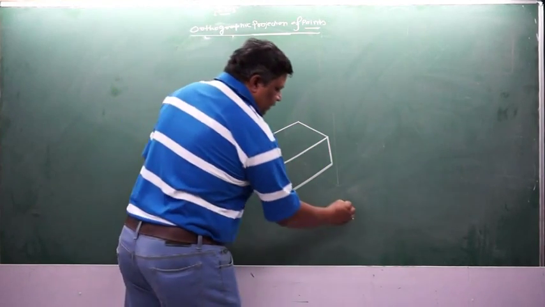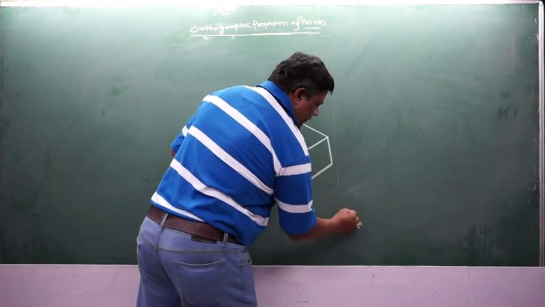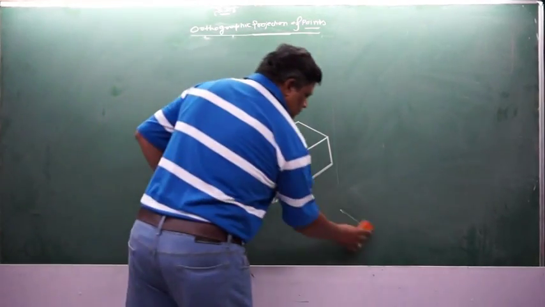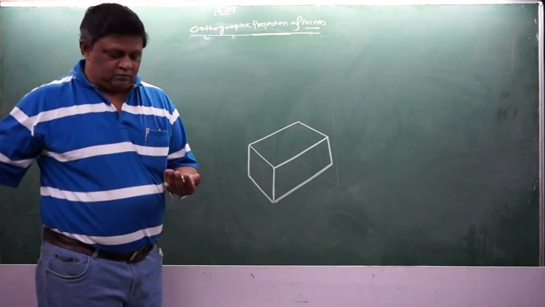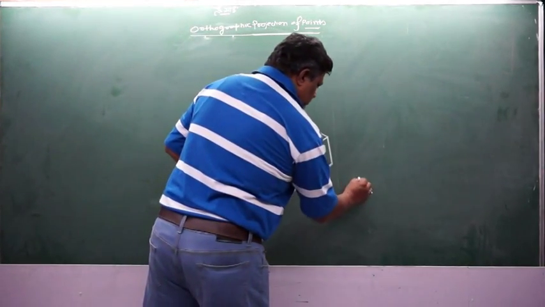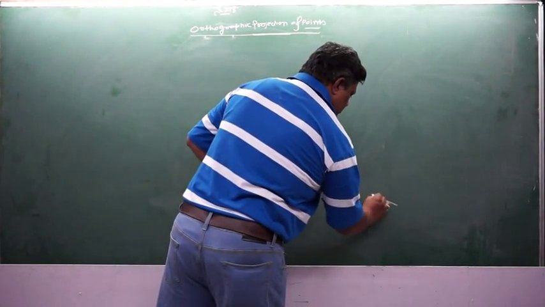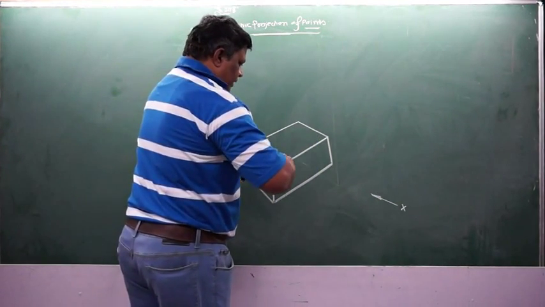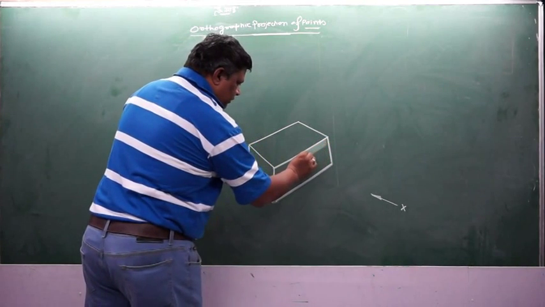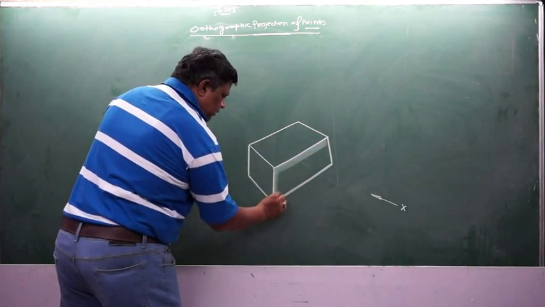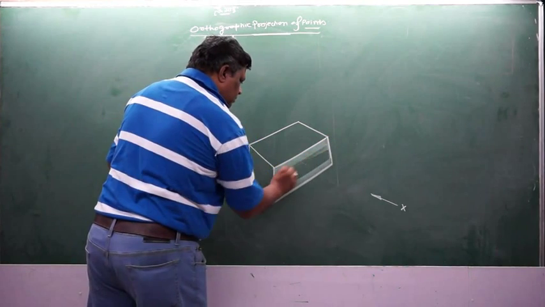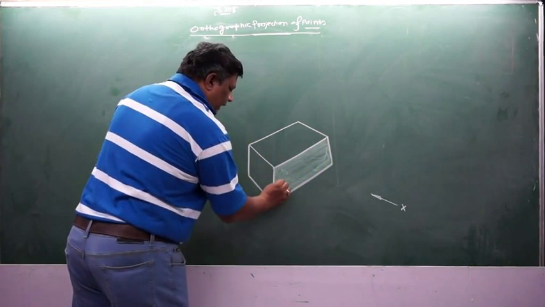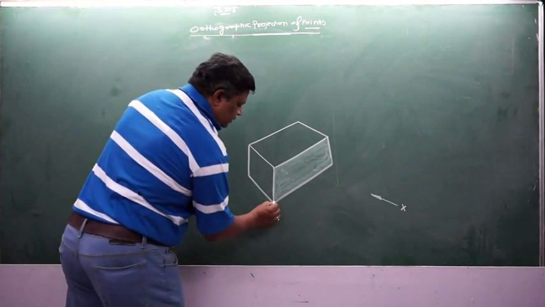Obviously, if you are standing out here and looking from here, then you would be able to see only and only this part. That is the length of the object and the height of the object.